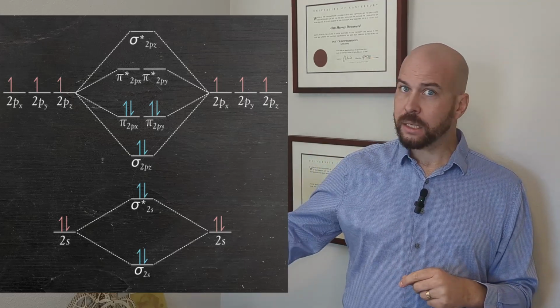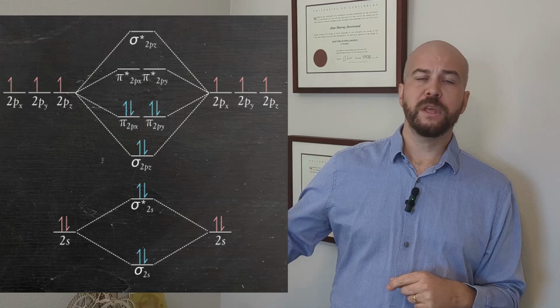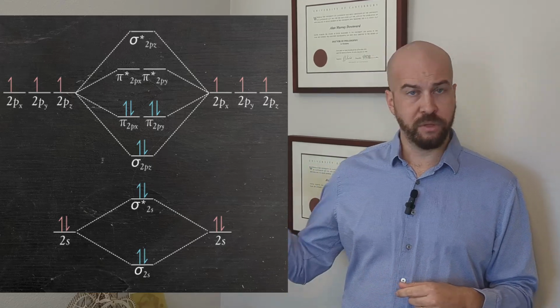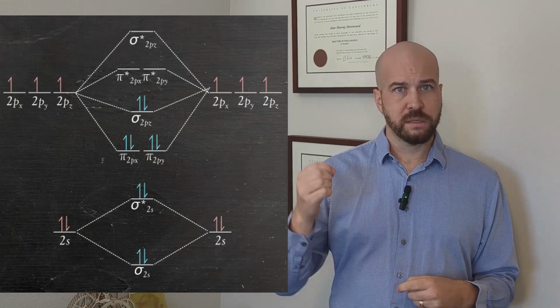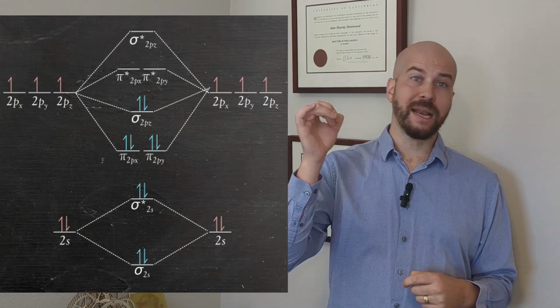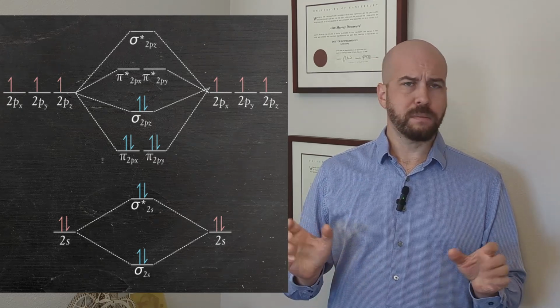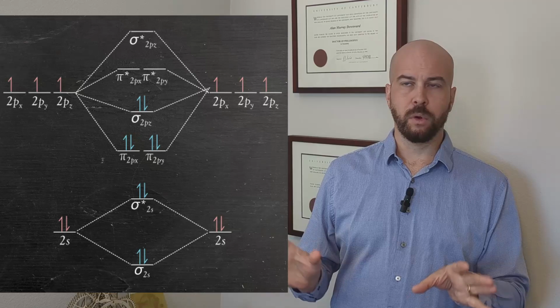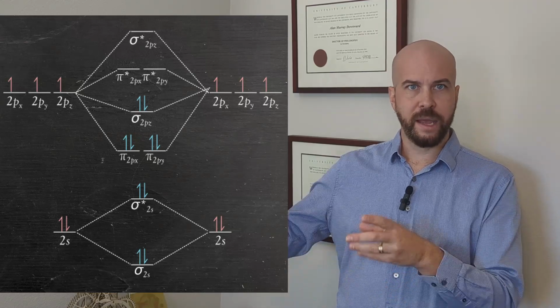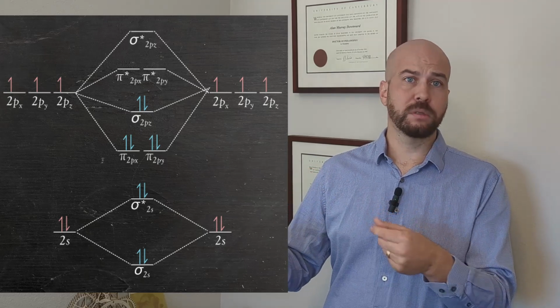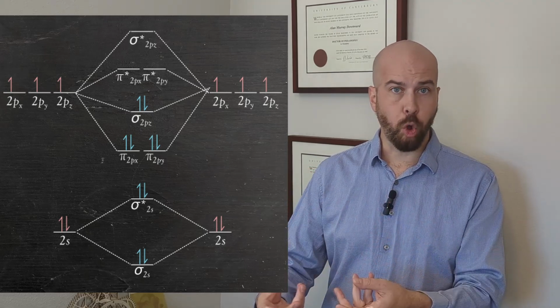This isn't exactly the truth. The proper molecular orbital diagram for nitrogen looks like this, where the sigma bonding orbital is actually slightly higher in energy than the pi bonding orbitals, but it doesn't change the overall conclusion that we have a stable molecule with all of the pi electrons involved in bonding orbitals.